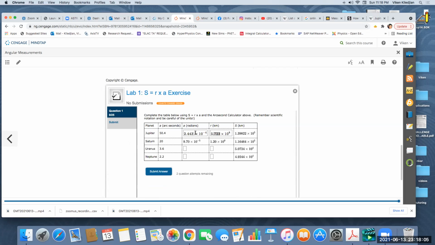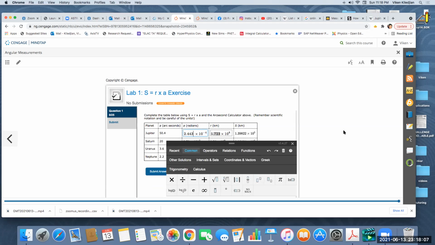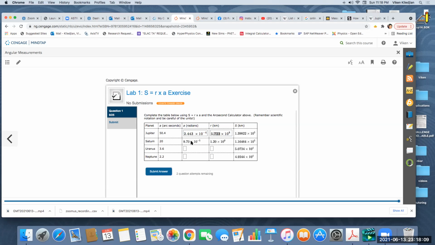You see, as you're going from Jupiter to Saturn, the angular diameter is decreasing, right? Because this is 10 to the minus 5 power, whereas that's 10 to the minus 4 power. So that means this planet is looking smaller than that planet. Uranus is looking smaller than Saturn, and Neptune is looking even smaller than Uranus.